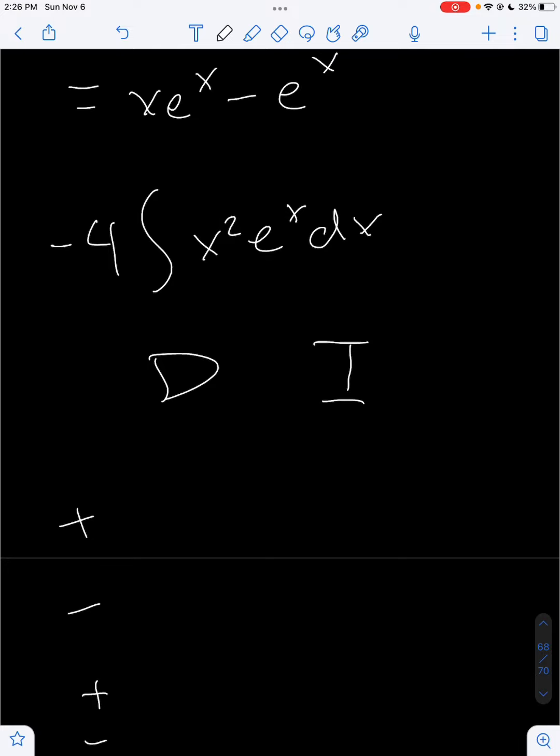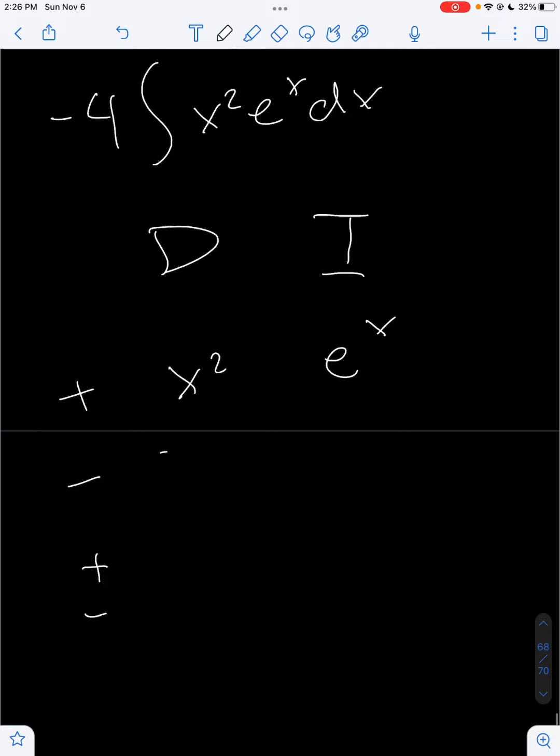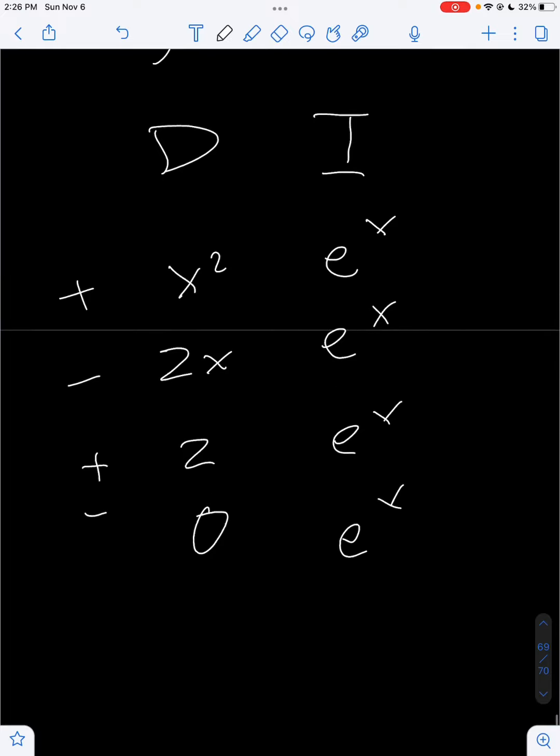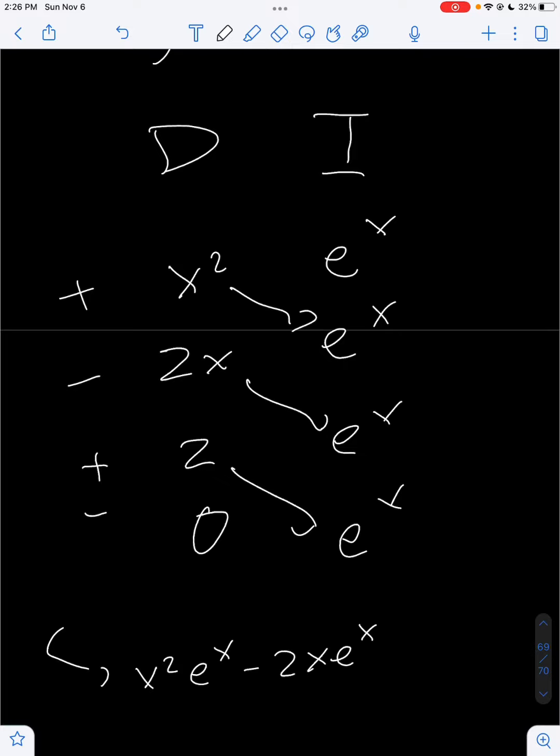We want to take the derivative of x squared, integrate e to the x. That just gives us 2x, then 2, then 0. Here we'd have e to the x, e to the x, e to the x. So then we just go straight across, giving us x squared e to the x minus 2x e to the x plus 2e to the x.